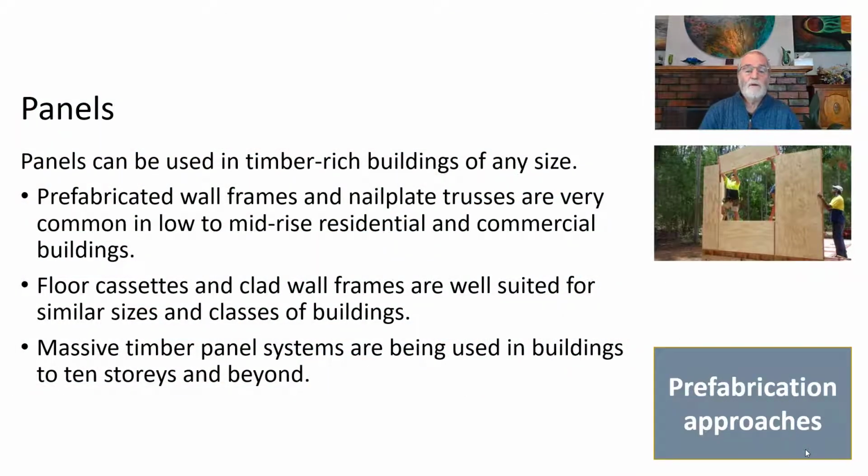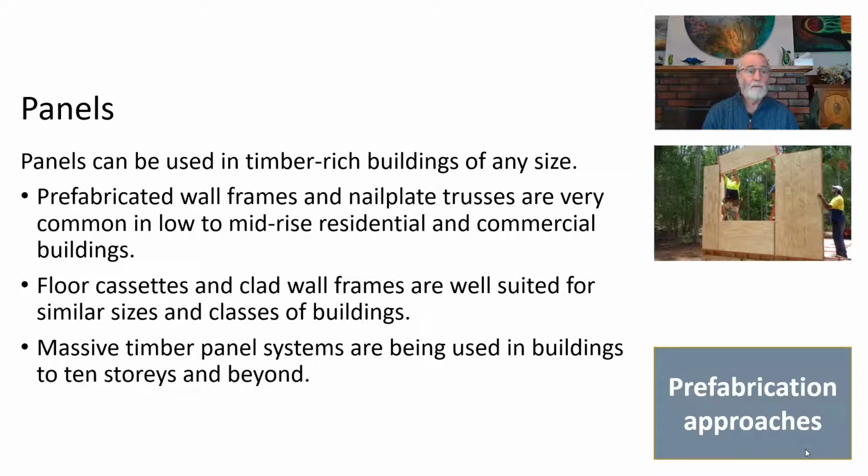So panels can be used in timber-rich buildings of almost any size. Prefabricated wall frames and nail plate trusses are very, very common in low and mid-rise residential and commercial buildings. Floor cassettes and clad wall frames are well suited for similar sizes and classes of buildings, so that's low to mid-rise residential and commercial buildings.